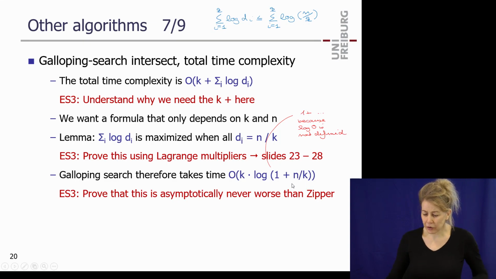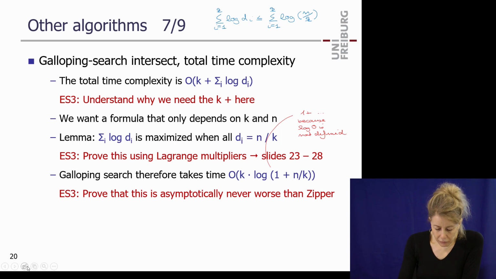Let's just look at this for constant k. What is it for constant k? Then we have a constant here, and we have n divided by some constant.